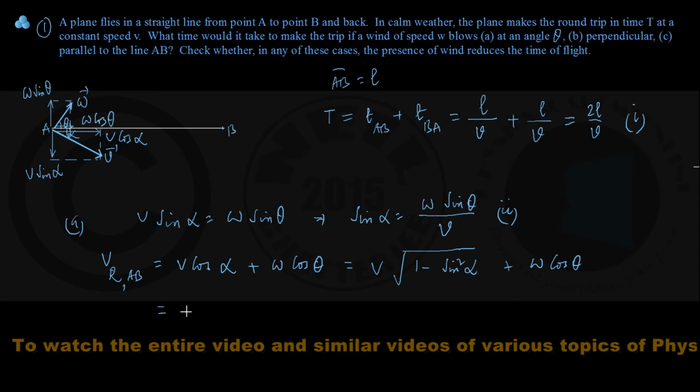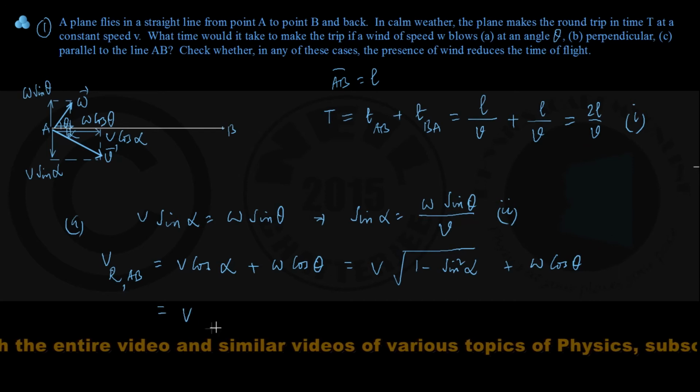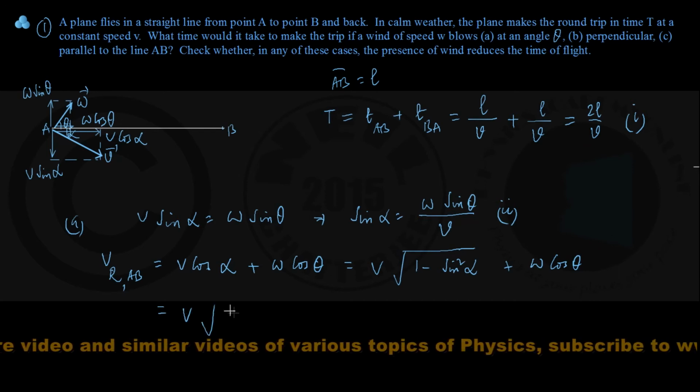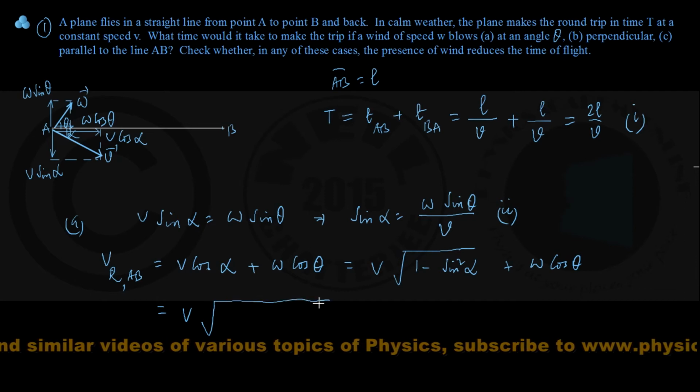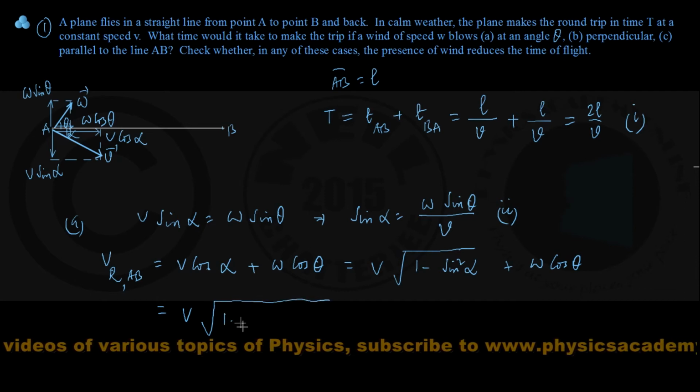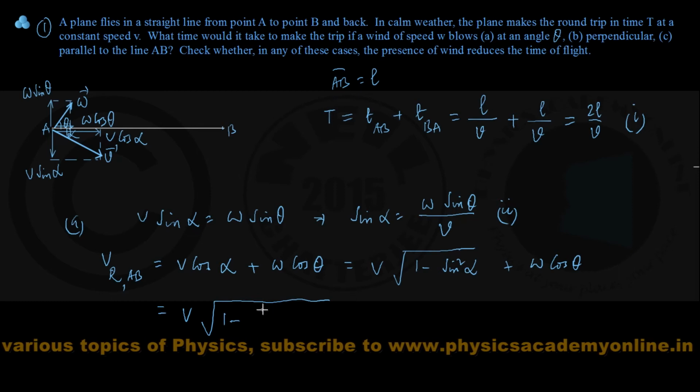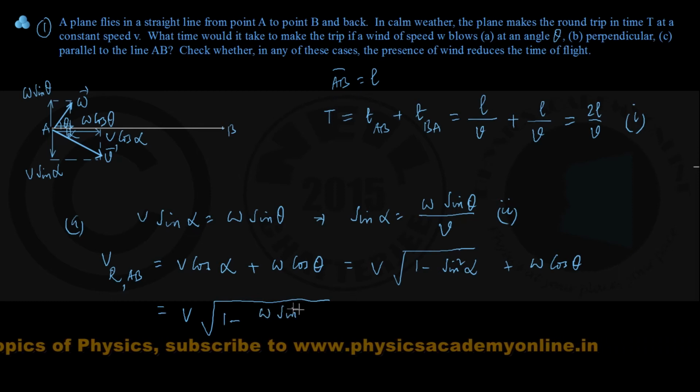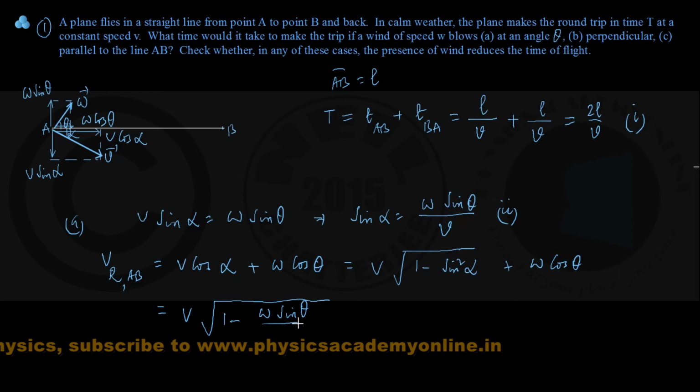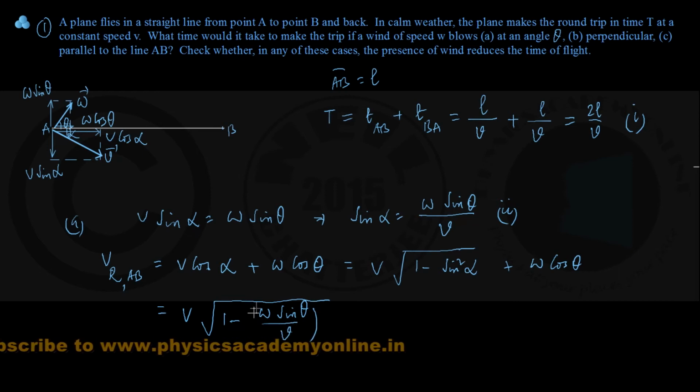In my next step, I put the value of sine alpha from equation number 2, and that is giving me V into square root of 1 minus W sine theta by V, this is whole square, plus W cos theta.